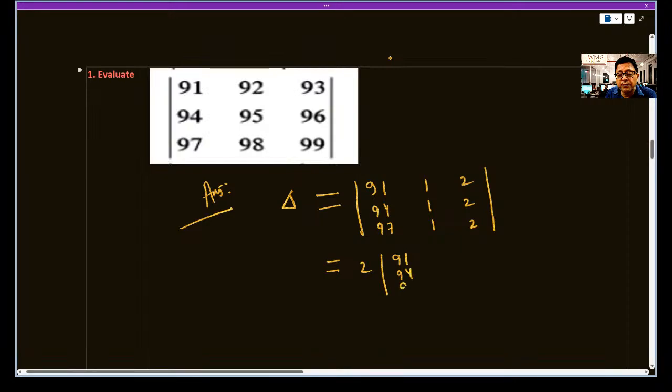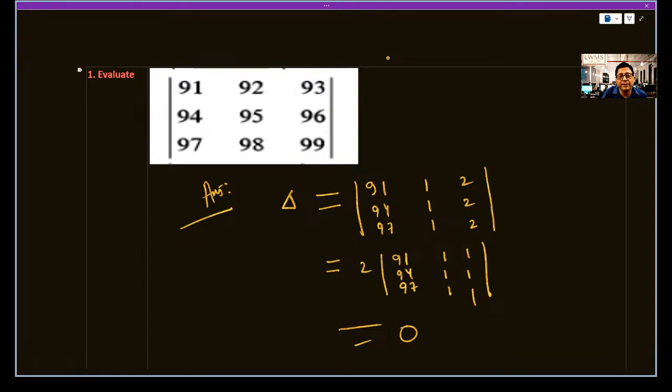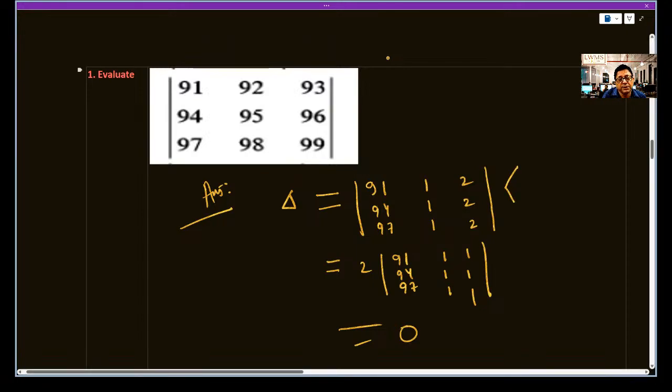Then 91, 94, 97, 1, 1, 1, 1, 1, 1. Now these two are identical, so the value will be 0. Clear? Understand? Every time, don't forget to write steps for a descriptive paper. What you have done there: C2 dashed, C2 minus C1, C3 dashed, C3 minus C1. Clear?